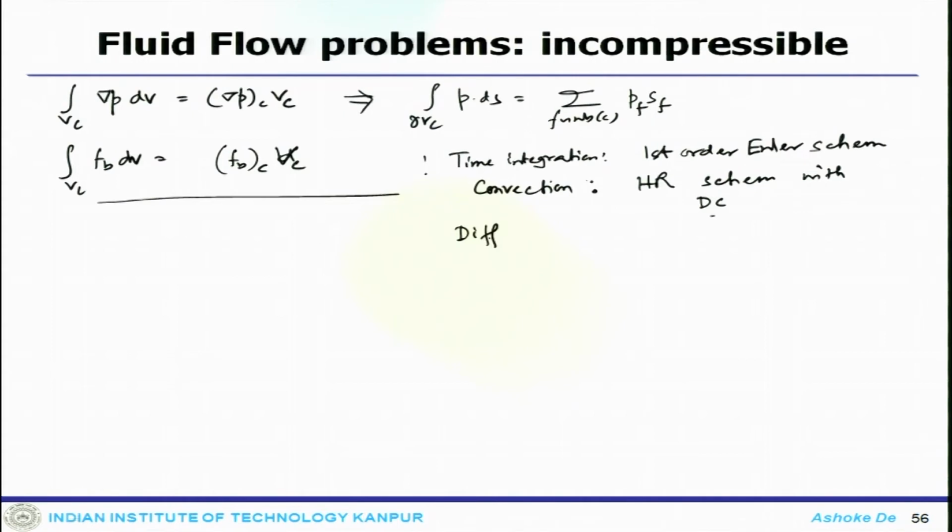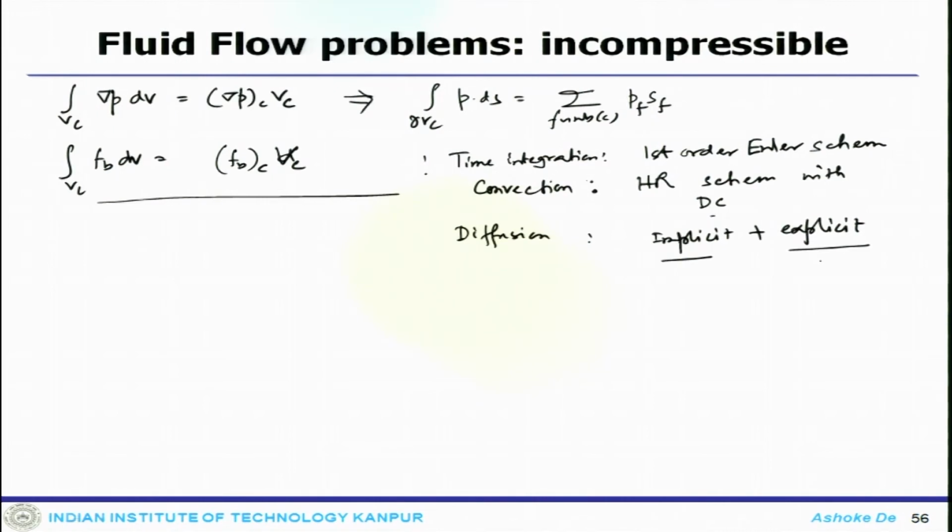So, diffusion will have an implicit component plus an explicit component, that means this is aligned with the face and this is the cross diffusion term.